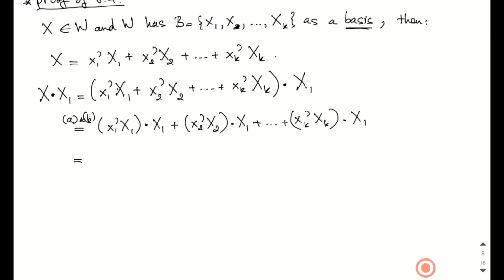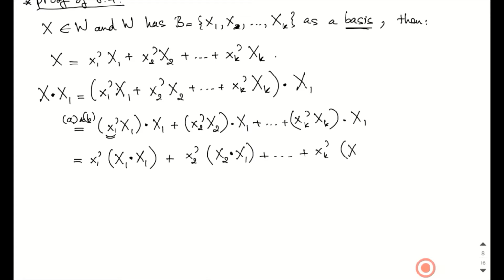You can pull the scalar out, and that leaves the x1 dot x1 inside. And so you pull the scalar out and you have x2 dot x1. And then you pull the scalar out, you have xk dot x1.